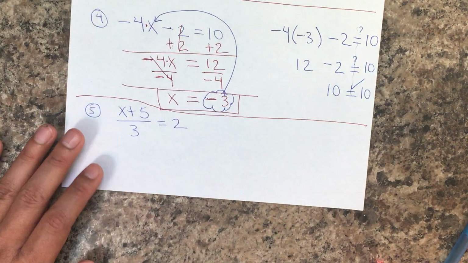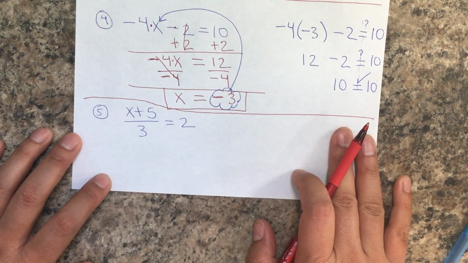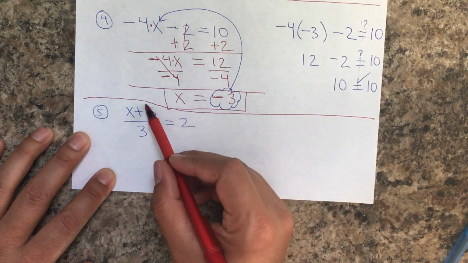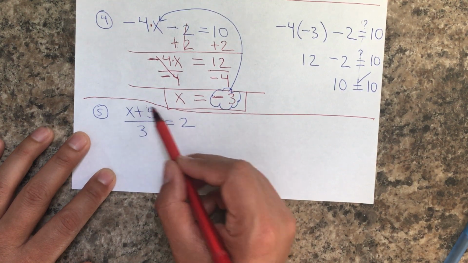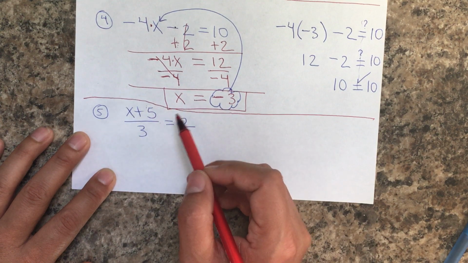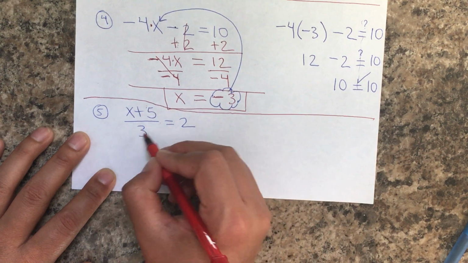In here, we say that we usually get rid of the plus or minus first. But in this case, this is shielded by the division. It is protected by that division, so we cannot get rid of the plus 5 first. First, we have to get rid of the division of 3.